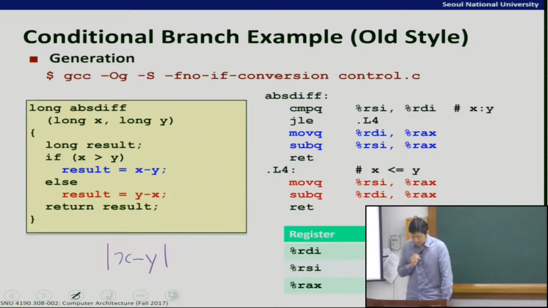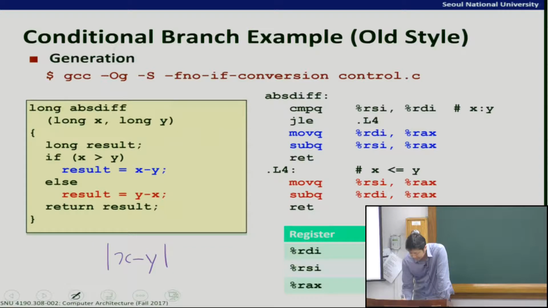The way it's implemented is you first compare the values of x and y. If x is greater, then you subtract y from x. Otherwise, you subtract x from y. That's how you calculate this value, and when you compile this code, you get something like this.